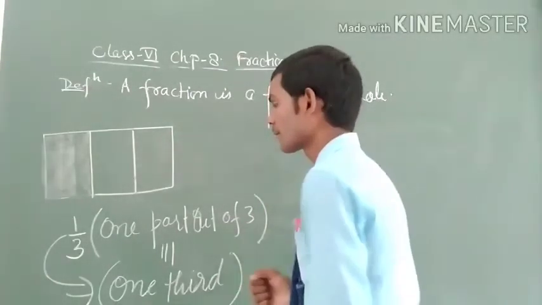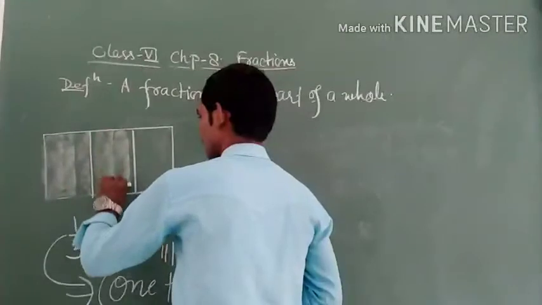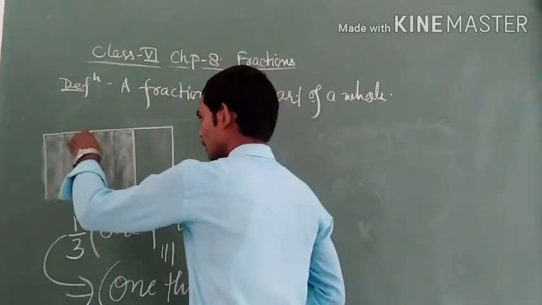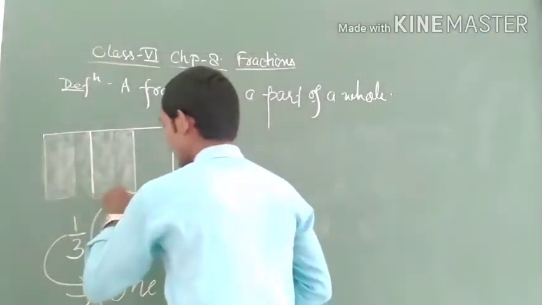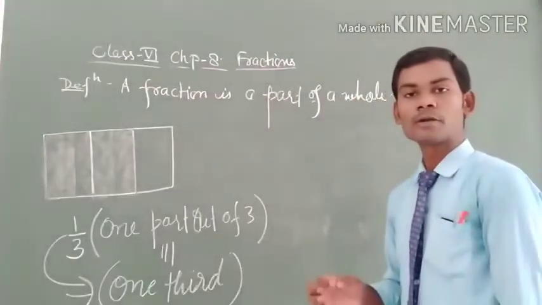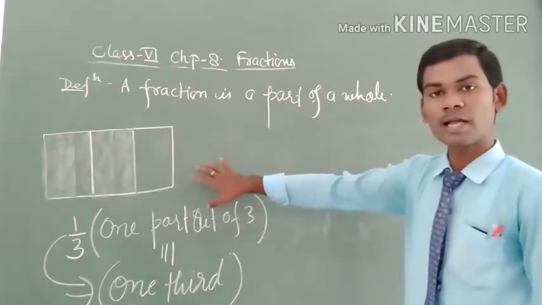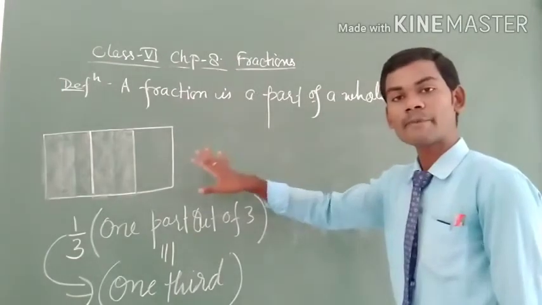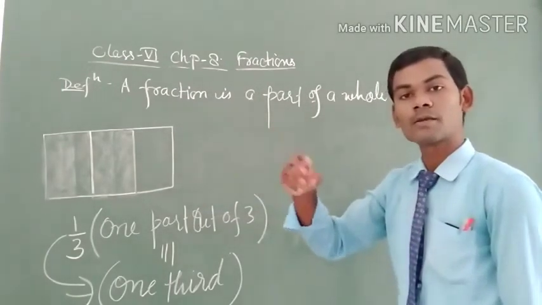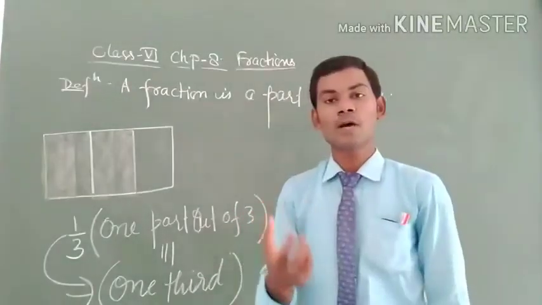Next, if we shade two parts, then here we have taken two parts out of three. Therefore, this figure represents two parts out of three. How many parts have we taken and from how many?